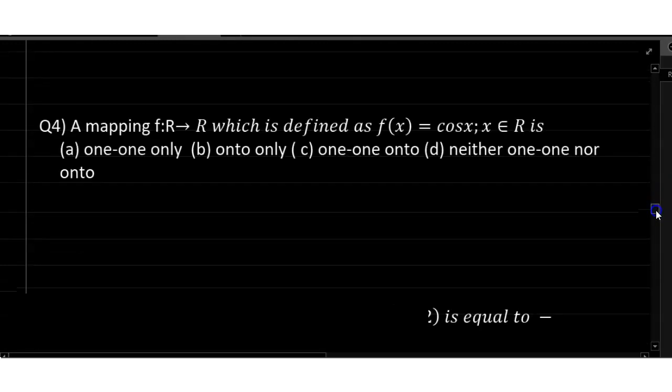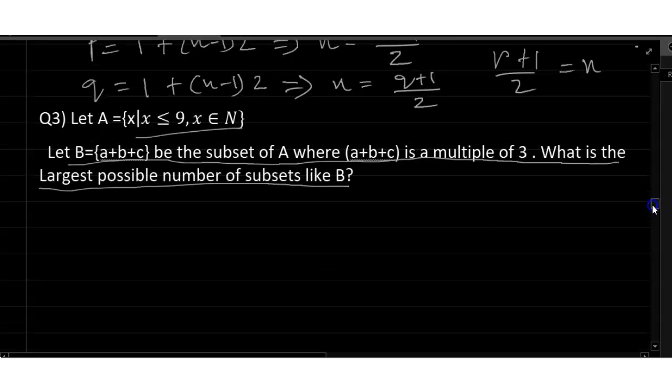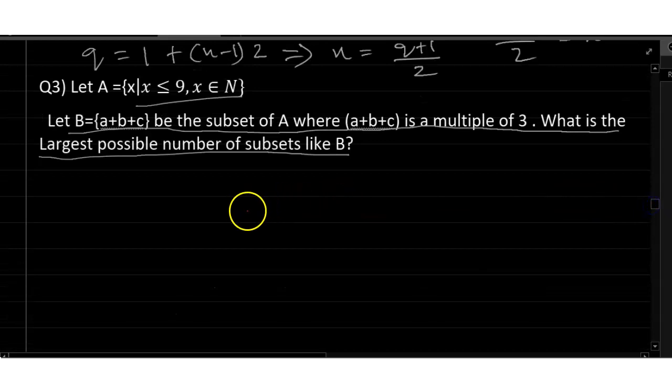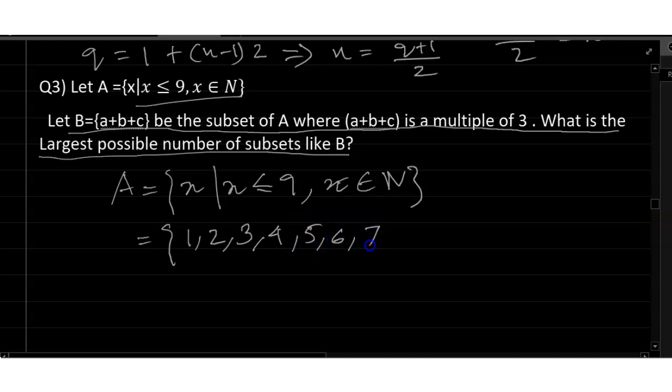Let A, B, C belong to capital N. The possible values are 1, 2, 3, 4, 5, 6, 7, 8, 9.